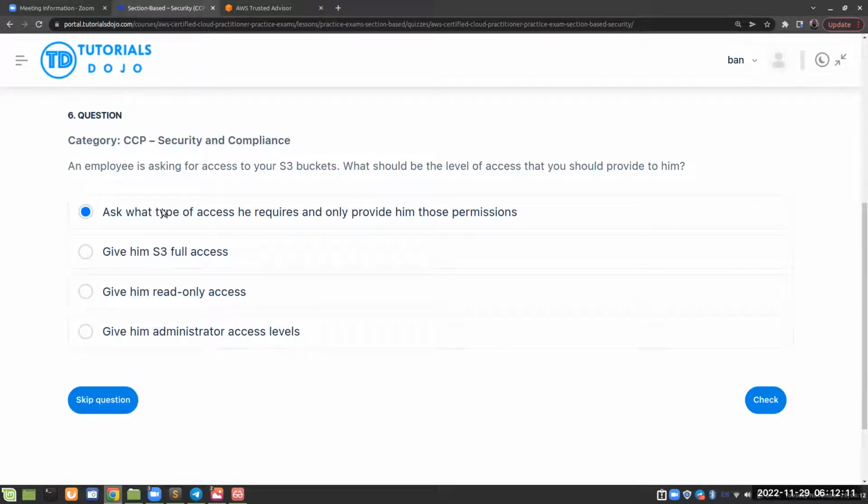Does anyone think it's A, or have a different view? Remember, an employee is asking to access that. What should you provide to him? What about the others? Please be more active. Write something on chat or say something. Okay, I see Tim Lawi says A as well. So I have 3 answers, so I can move ahead.